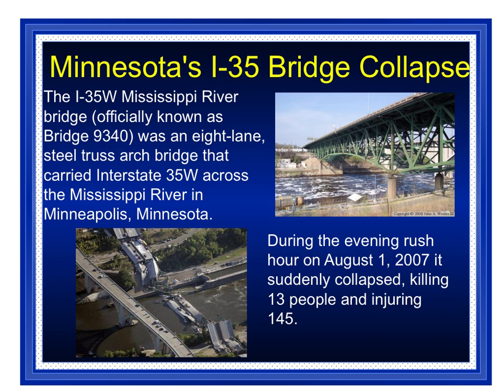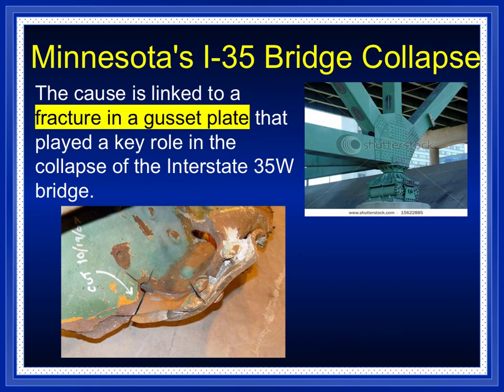During the evening rush hour on August 1st, 2007, it suddenly collapsed, killing 13 people and injuring 145 more. The cause is linked to a fracture in a gusset plate that played a key role in the collapse of the Interstate 35W bridge. So a fracture would be like a break.